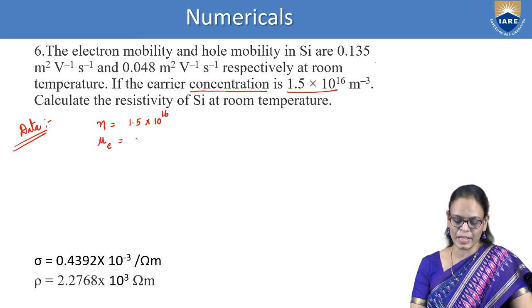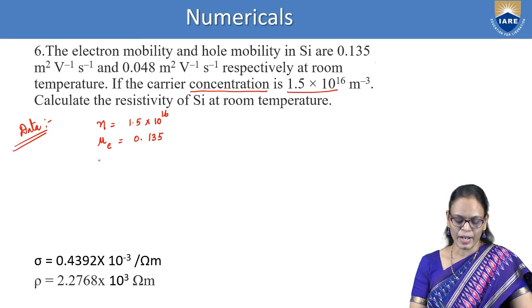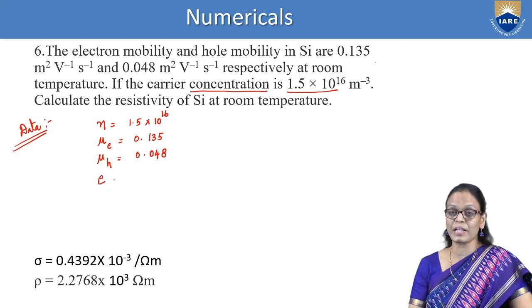Electron mobility mu E is 0.135 and hole mobility mu H is 0.048. We also need the value of E, so I write E is equal to 1.6 into 10 power minus 19 coulomb. We have to find the resistivity, rho.